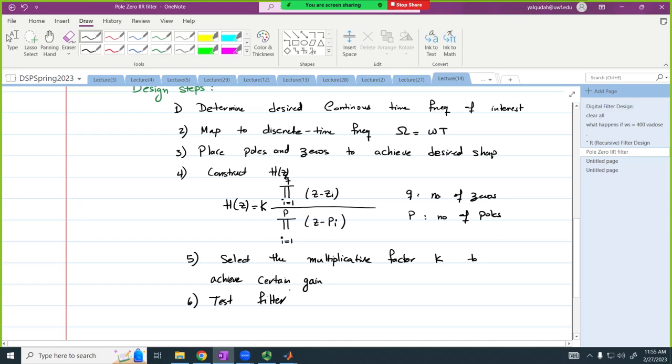Is that clear? Steps? Straightforward? What does it say at the end of line 3? Desired shape. Did you ask because you could not read it, or just to let me know that you are at this point of typing? It said shape or slope. Okay.